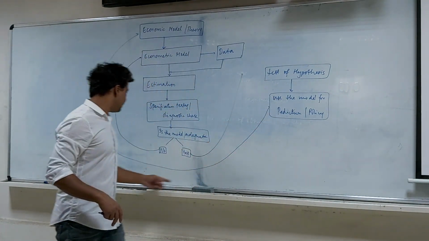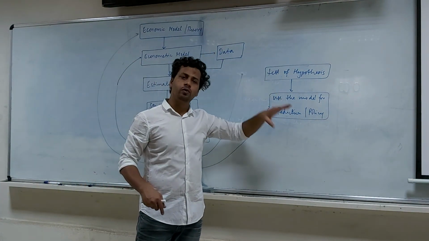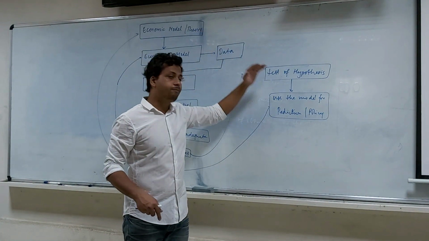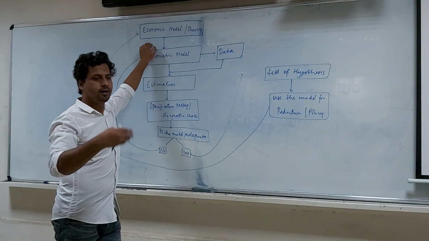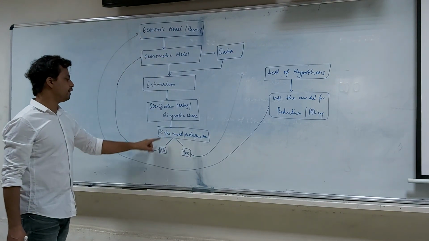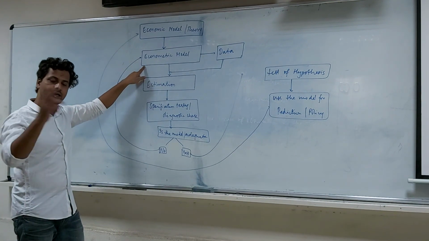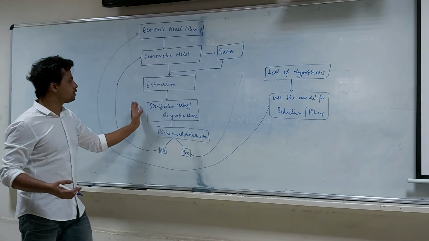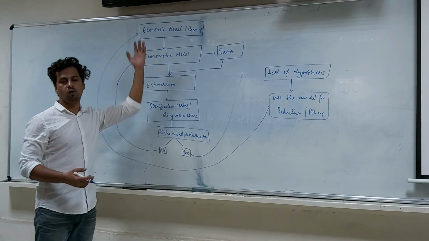Now you must understand these are all signs of a feedback process. That is, once you refute or test the validity of the hypothesis proposed by this economic theory, depending on the results of your model, you again revise your theory to be suitable for generalization purposes. Again, if the model is not adequate, we go back to the econometric model and rectify the problems in it. So specification testing and diagnostic checking is one of the most important parts of this whole flow chart.